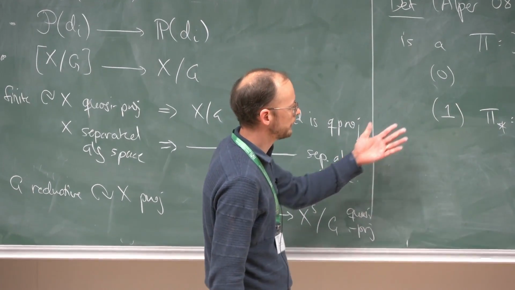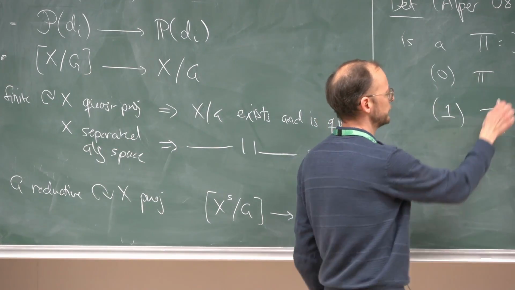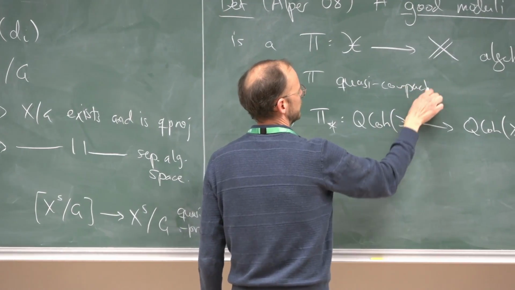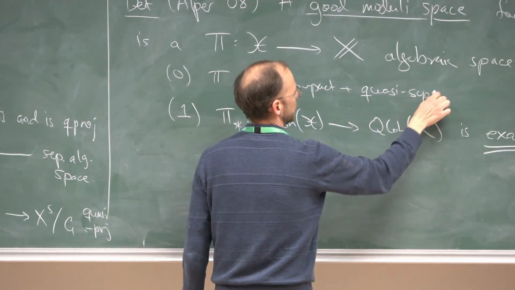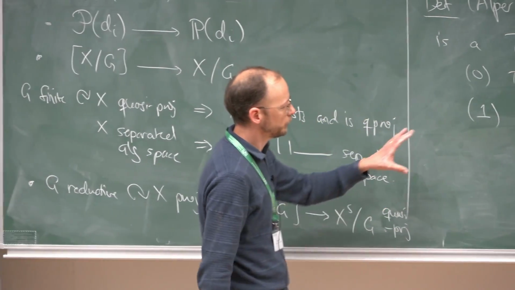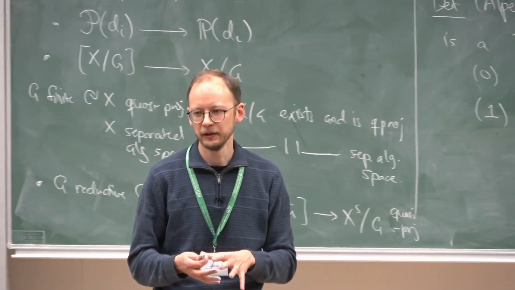But to even have a well-defined pushforward of quasi-coherent sheaves, we at least need to not be completely crazy. So we want this to be quasi-compact and also quasi-separated. This is essentially always going to be fulfilled, except that you might have natural moduli spaces where you're not bounded, where you're not quasi-compact.